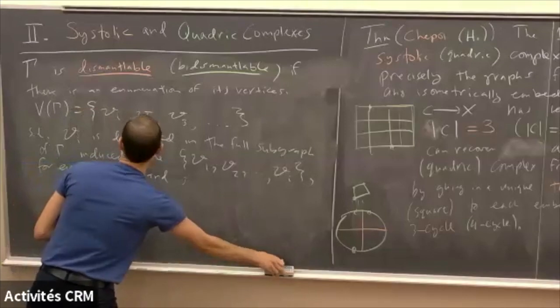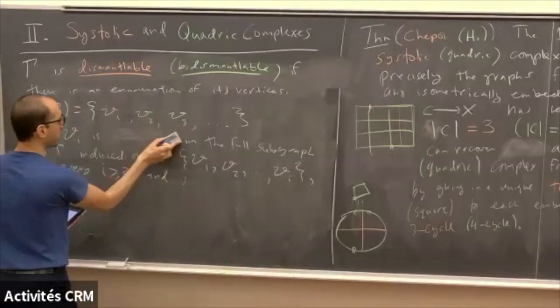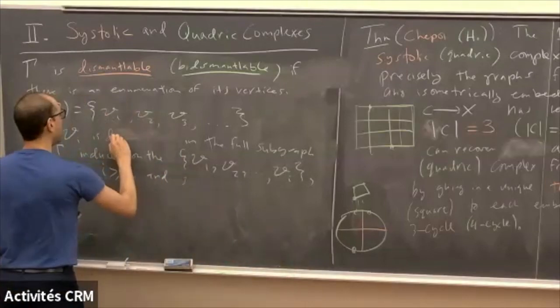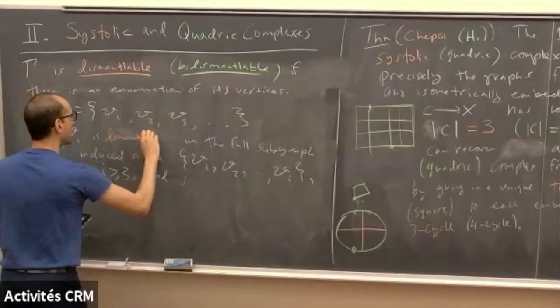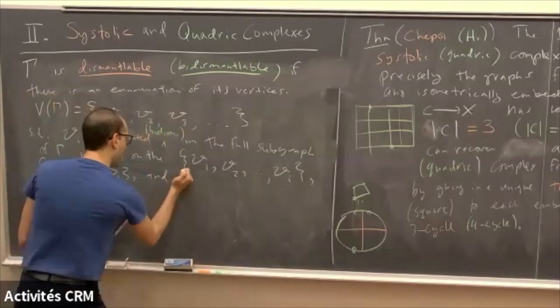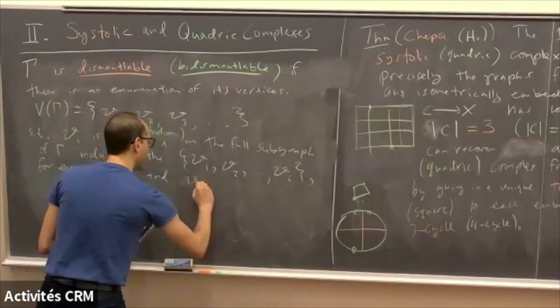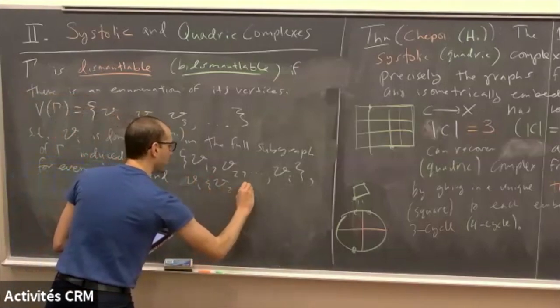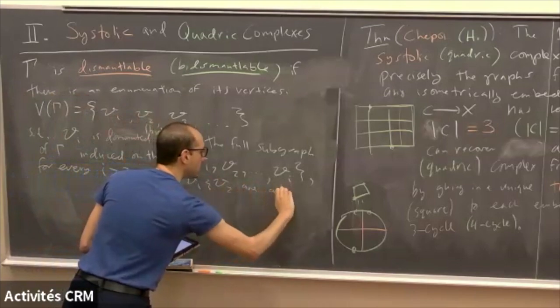All right, we need both versions here, so dominated by dominated, and also ask that V1 and V2 be adjacent.